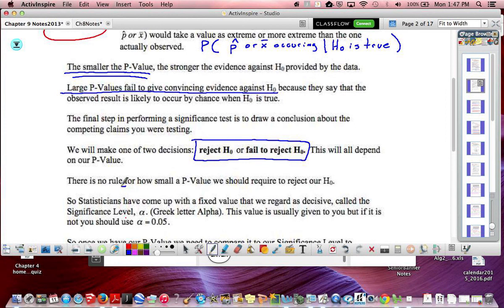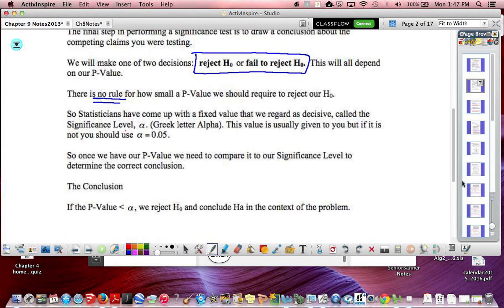Now the question becomes, what p-values make you reject or fail to reject? Technically, there is no set value that guarantees that you reject or not. However, we statisticians love to make up our rules. Sometimes in problems you're going to get what's called a significance level, and we use the Greek letter alpha.